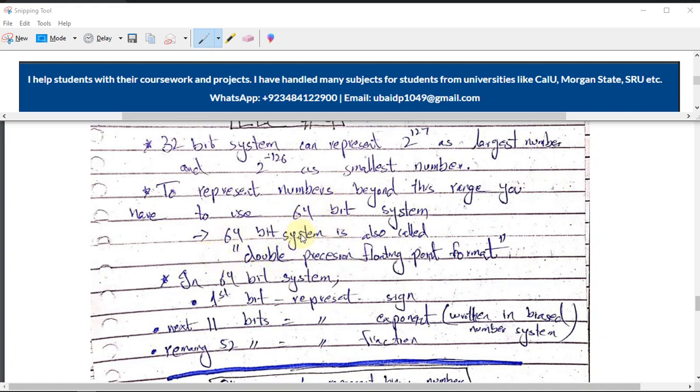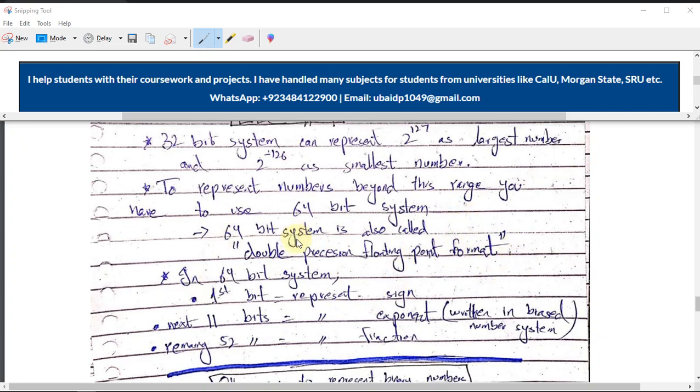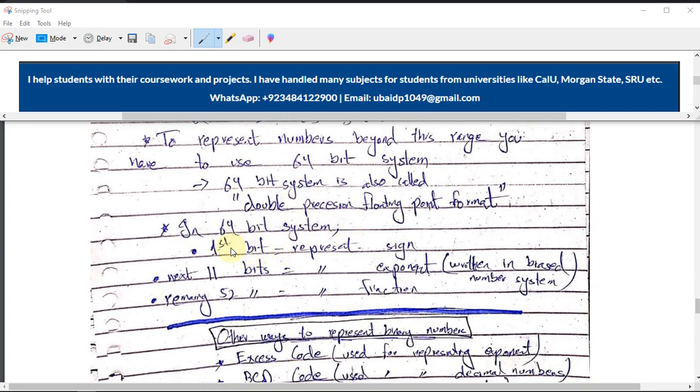Modern systems use this 64-bit system, and it is also called the double precision floating point format, right? So this is another name of this system. In this system, the first bit is obviously representing the sign of the number.